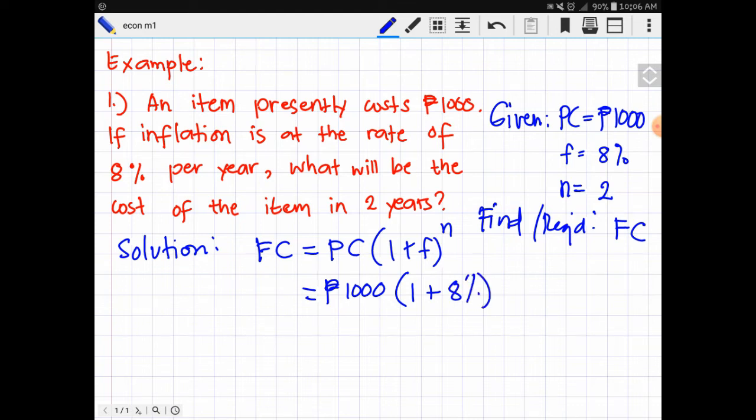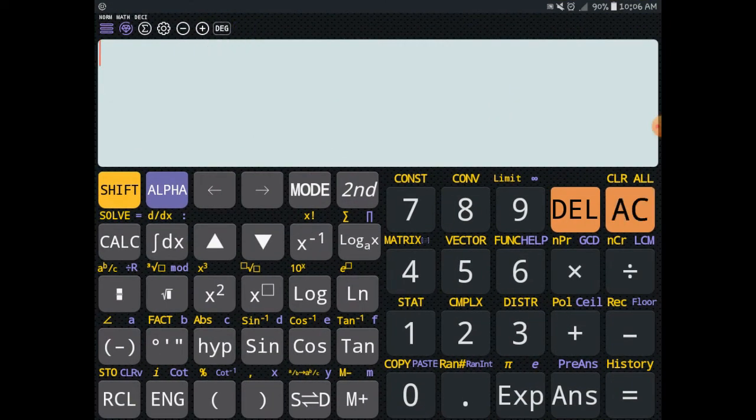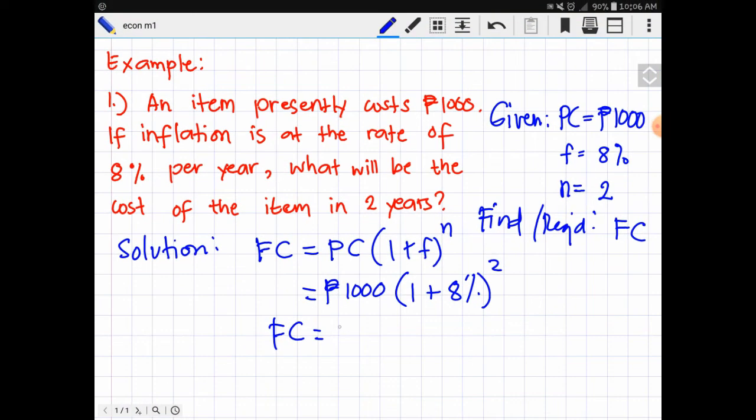Kung wala, pwede na din naman na in decimal, raised to 2. And therefore, by using calculator, that would be 1,000 multiplied by 1 plus 8%, naka-percent na ako, raised to 2. And the answer is 1,166.40 pesos. That is our future cost.